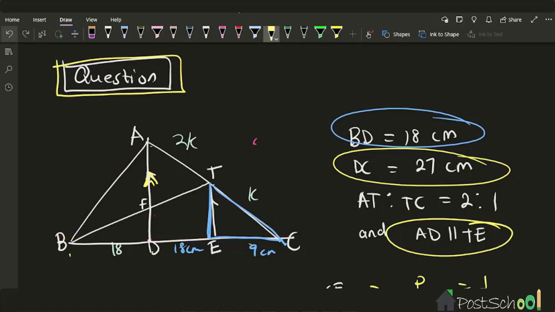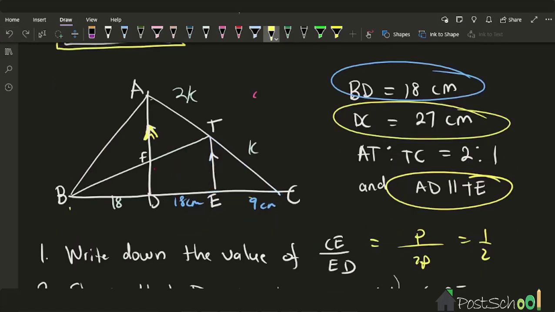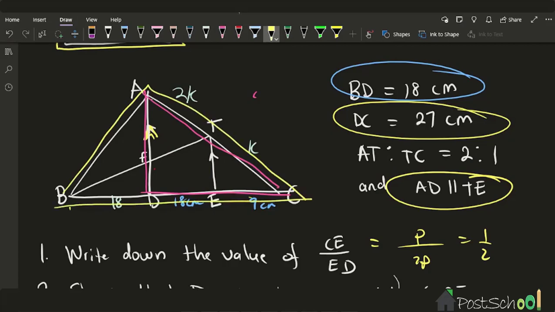So if I go back to the previous one and try to show you a common height between the two, a common height visible. So you can see the pink triangle and the yellow triangle, they can have a common height for both of them.